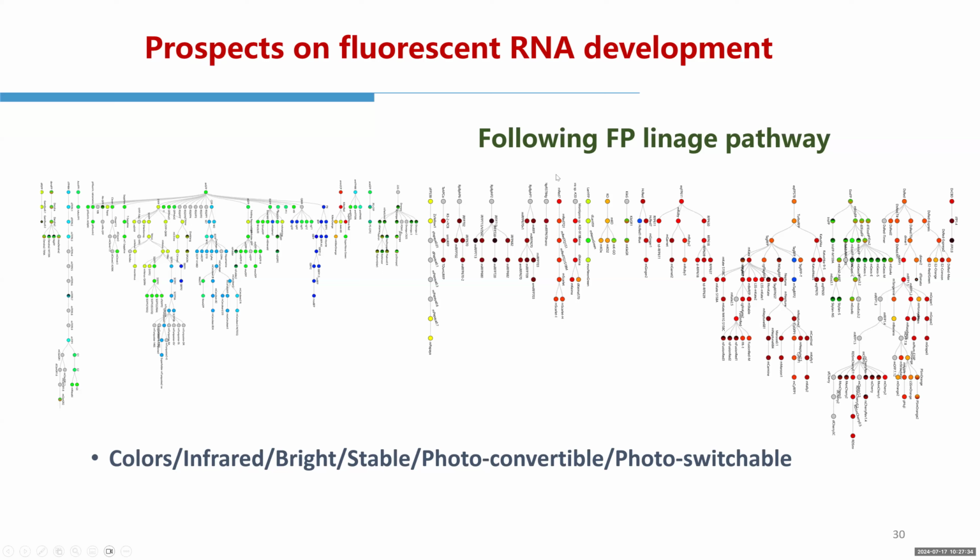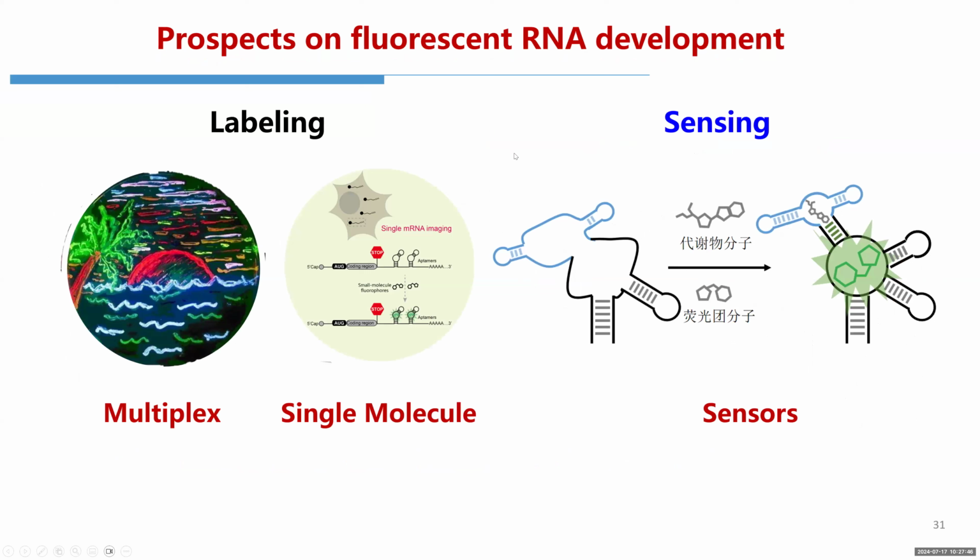So I believe fluorescent RNA development will follow the fluorescent protein lineage pathway. In addition to multiplex and single molecule imaging of RNAs, these fluorescent RNAs can also be developed as sensors just like fluorescent proteins.